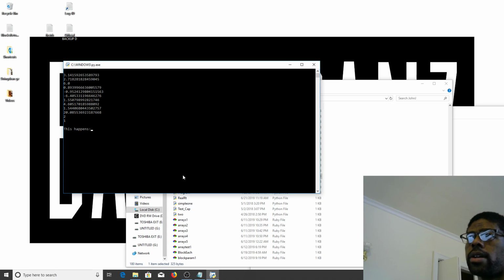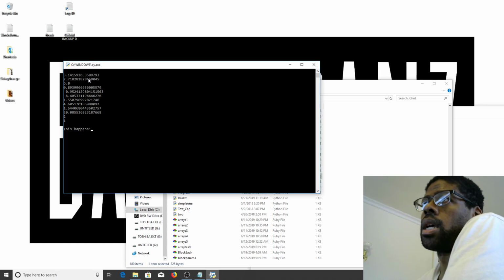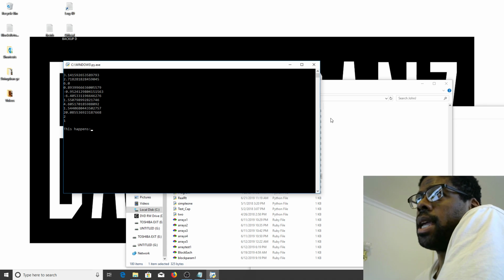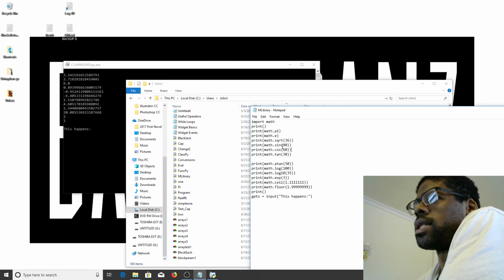So here's everything else. There's pi. There's e. There is square root of 36. Let's see. What else did I have? There was sine of 90, which is 0.9 basically, and cosine of 60, which is negative 0.95.